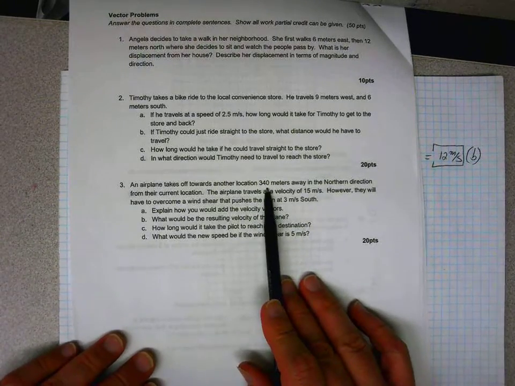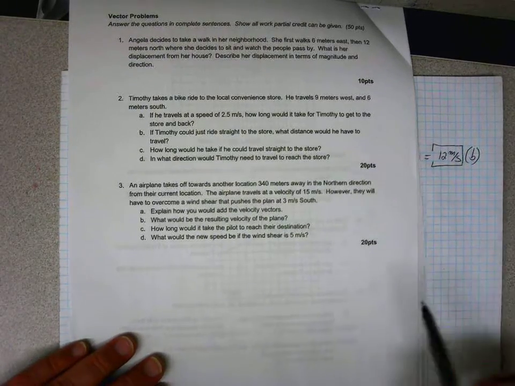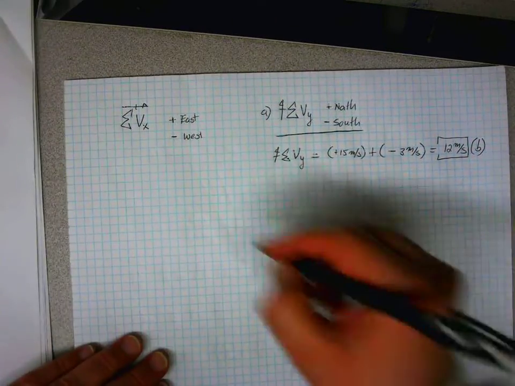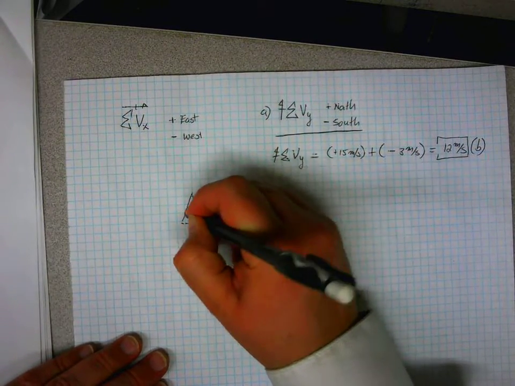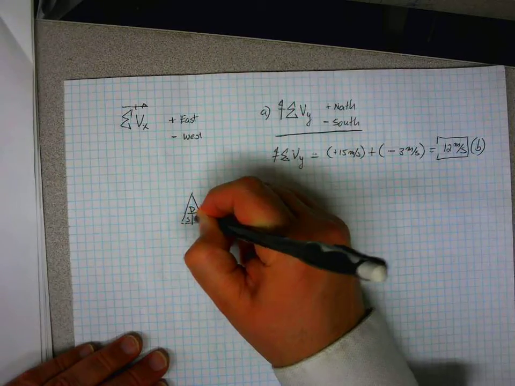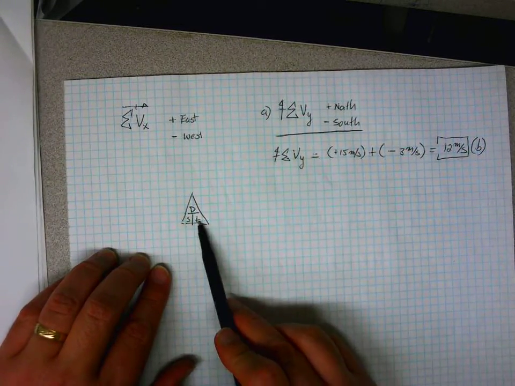Now I give you the distance, you now have the velocity, and it's again the same formula of speed and time. So we use the triangle, and I give you the distance, I give you the speed, we're looking for time.